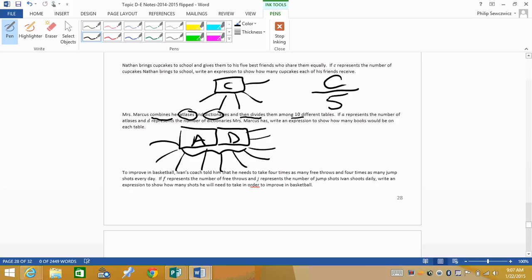Like I said, you're probably going, come on, but this is the idea: we take the total amount, which would be A plus D, and then we divide it among the 10 different ones. Like I said, if you're ready to get rid of the visual, I get it. So try the next one there. Read the next one, pause it, and see what you get.